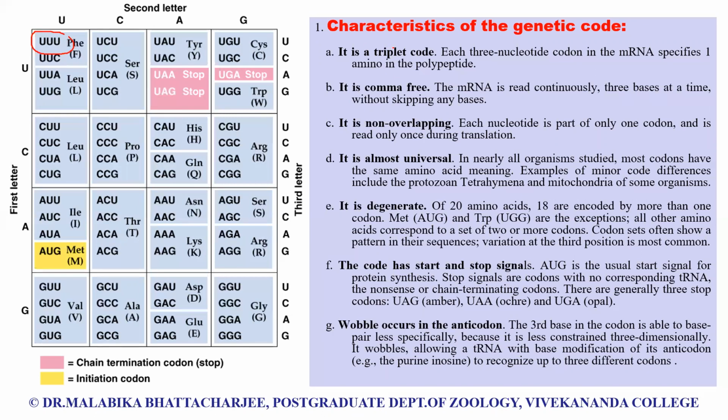The second property is that it is comma-free. That means it is continuous. Let us have a sequence A, T, G, C, C, C, A, T, G, C. When we start reading the code, it is read as A, T, G, C, C, C, A, T, G, C, A. We are not pausing.